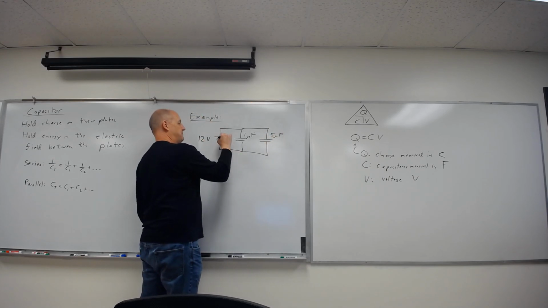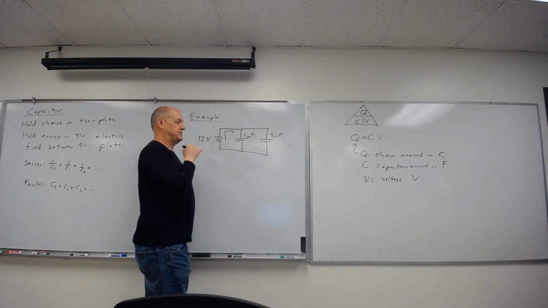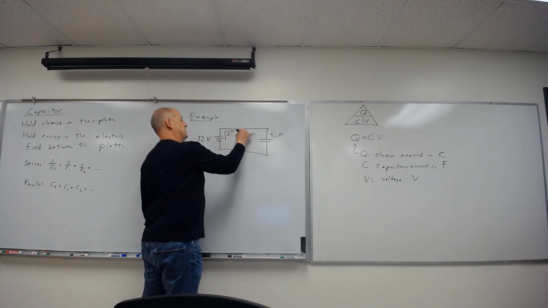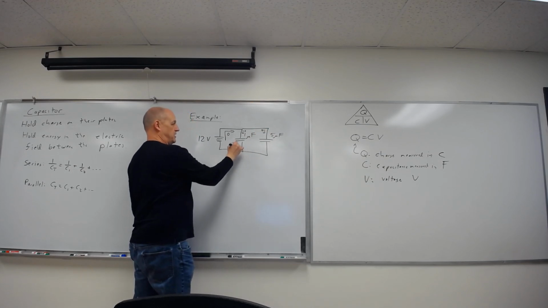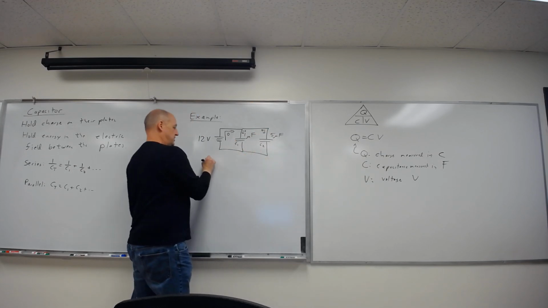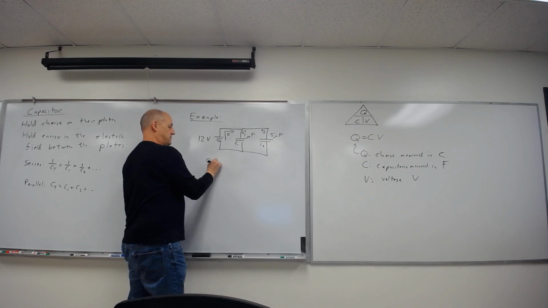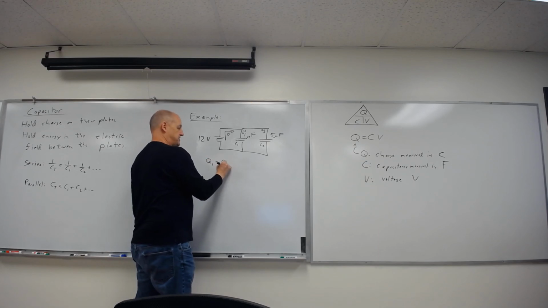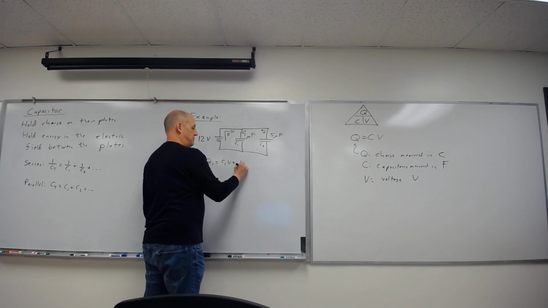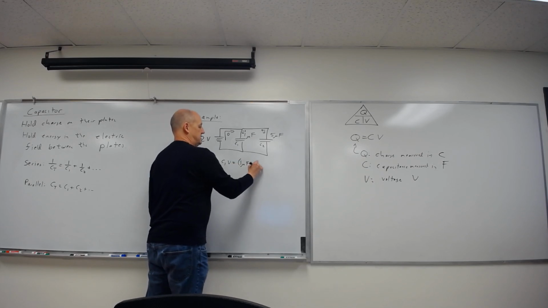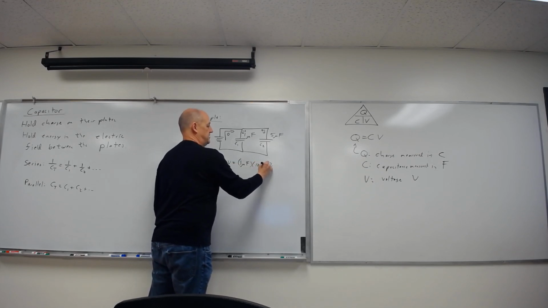If that's hooked up, what's my current? 0. What's my charge on this one? I'll call this capacitor 1, capacitor 2. Charge on the plates of capacitor 1 is capacitance 1 times the voltage, which is 12 volts. So 1 microfarad times 12 volts is 12 microcoulombs on the plates.